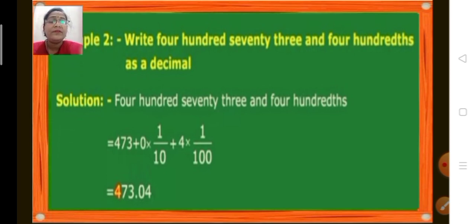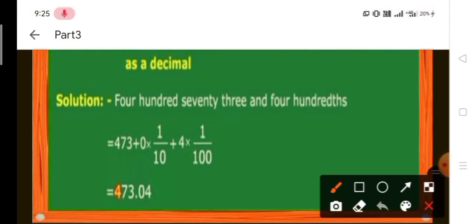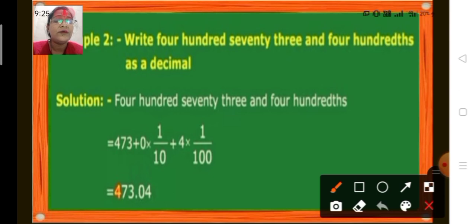For this, children, first we will write what is given to us in the question, that is the number 473 and 4 hundredths. We will write this in the expanded form. Here I have written the whole as it is. Then in this example there are no tenths, so I'll multiply 0 by 1/10. Then plus how many hundredths are there? Here 4 hundredths, means 4 into 1 upon 100.